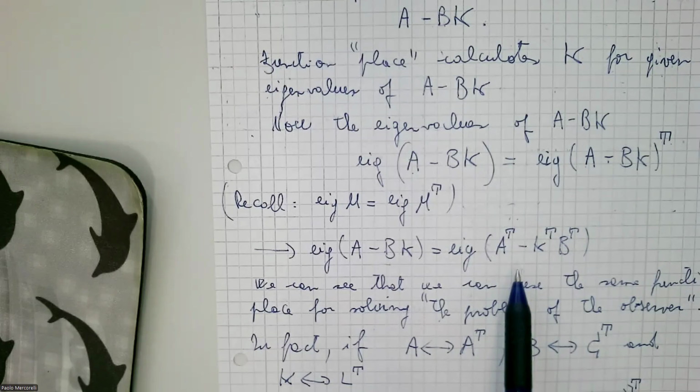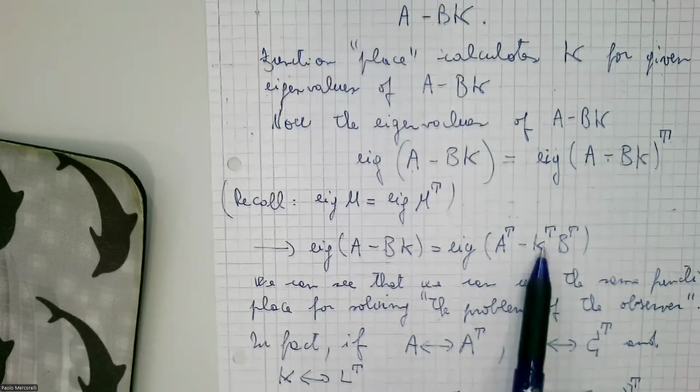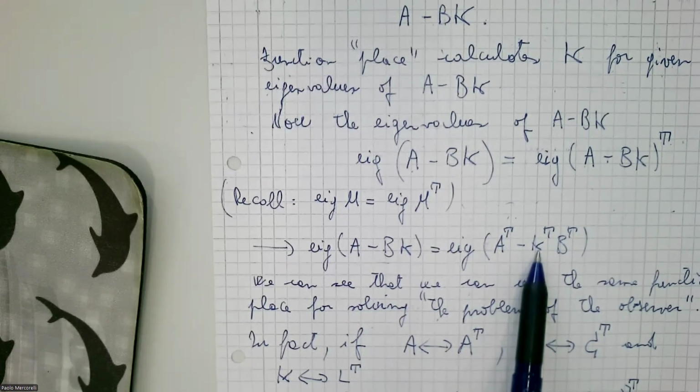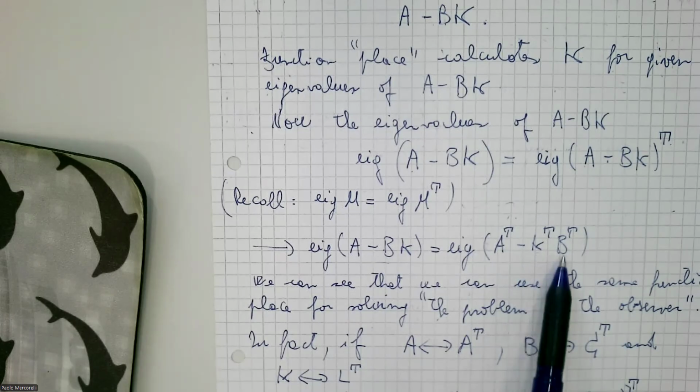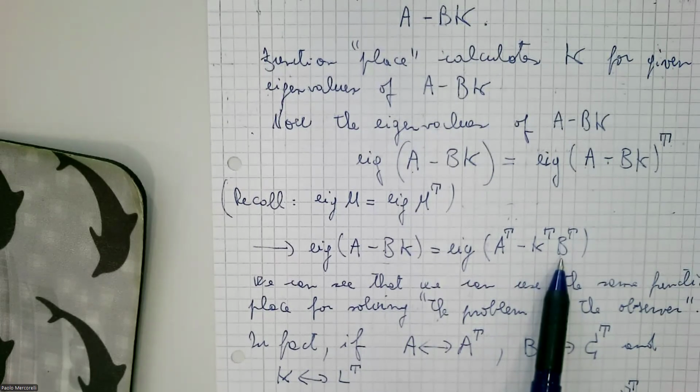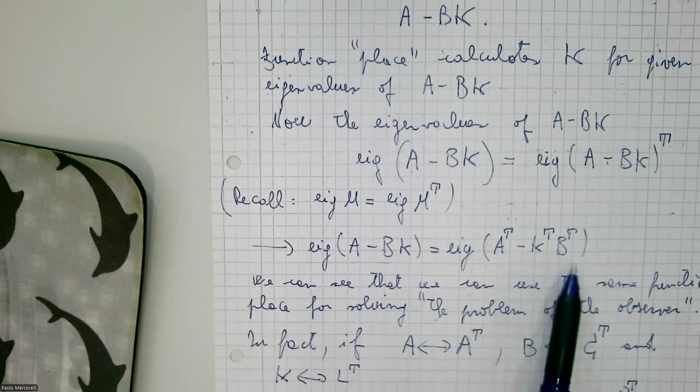Now, in our structure, instead of K, we have L. Instead of B, we have C. I don't know if it's clear what I intend.